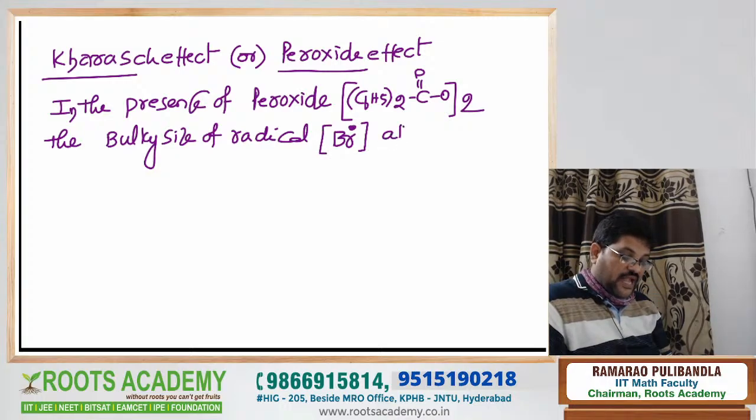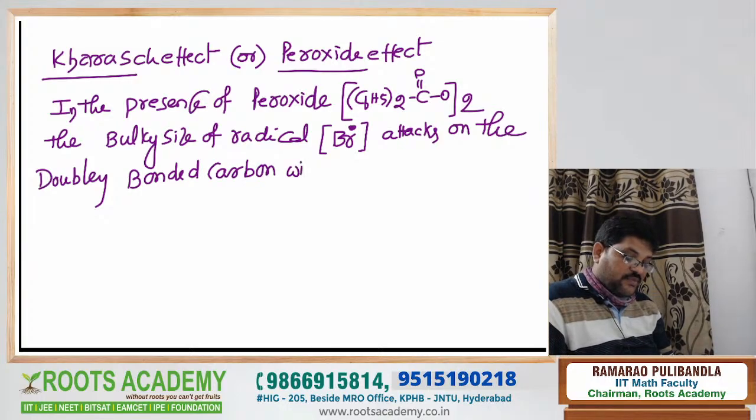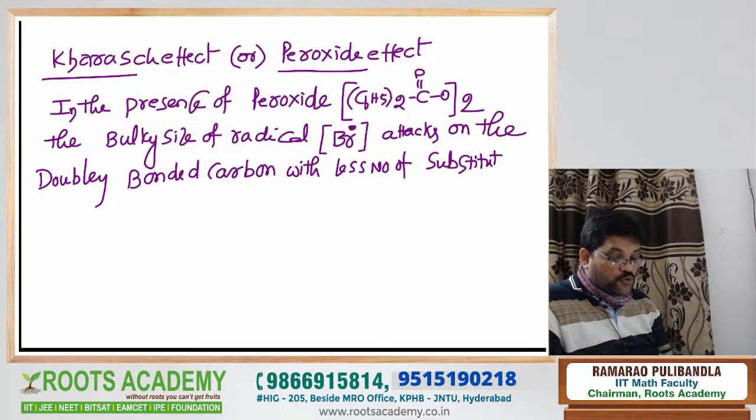Br dot attacks on the doubly bonded carbon with less number of substitutions, via radical mechanism.